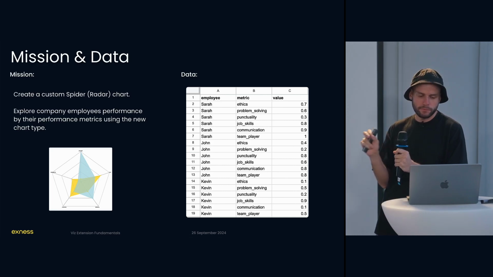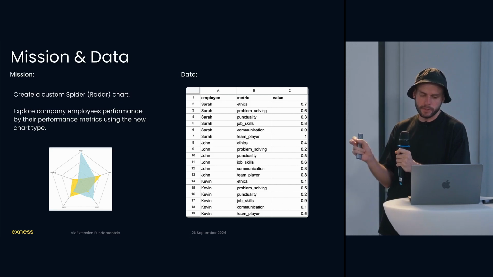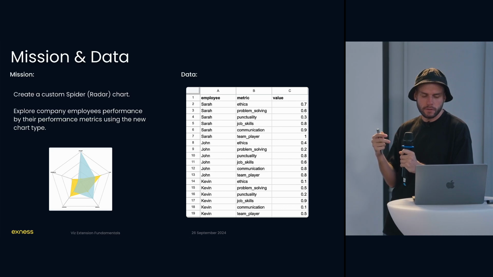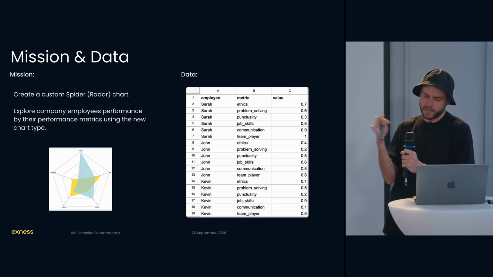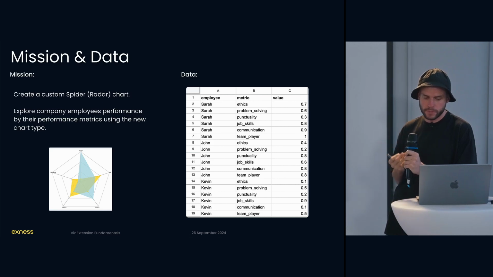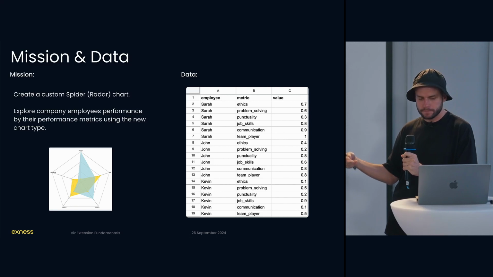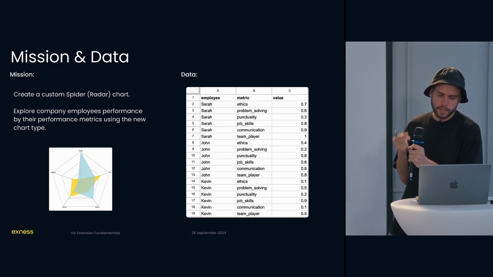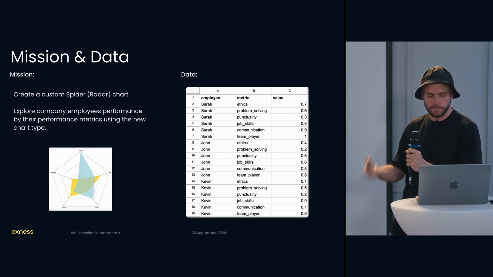It contains only three fields: employee, metric, and value. Let's imagine that we have three employees, Sarah, John, and Kevin, and six performance metrics. We measured our employees by these metrics: ethics, problem-solving skills, punctuality, job skills, communication skills, and how we play in a team.